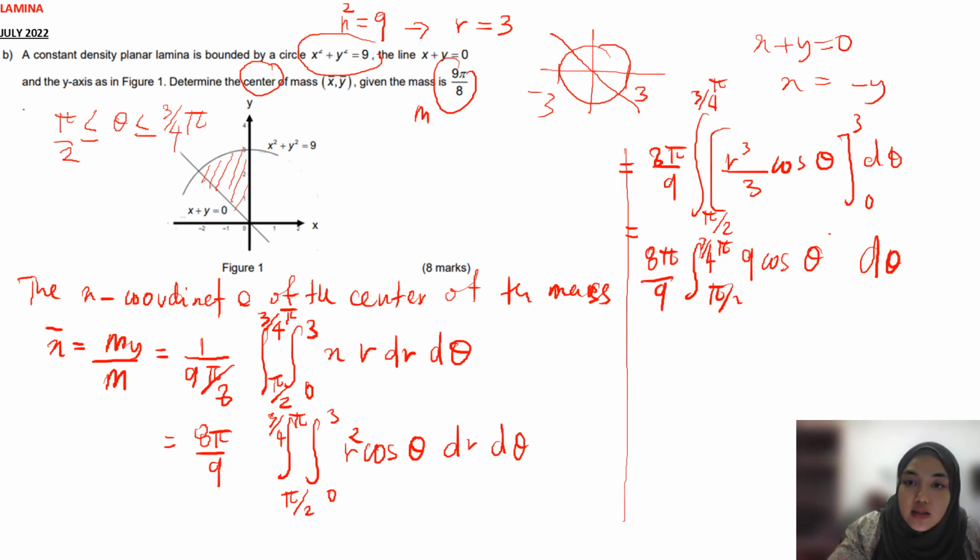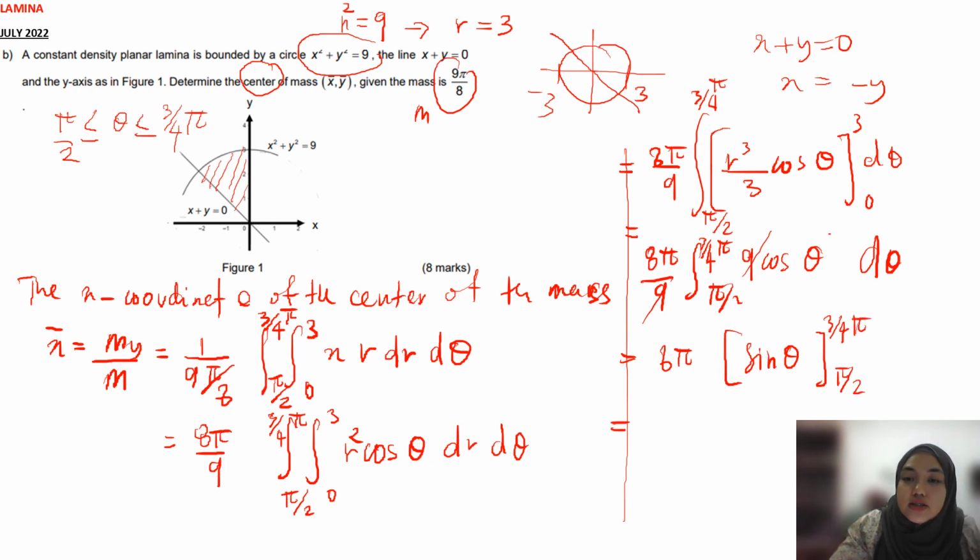This one we can cancel out, and then you get 8 over pi. Then integrate this one, you get sine theta, from pi over 2 until 3 over 4 pi.